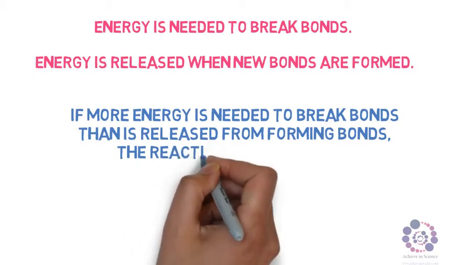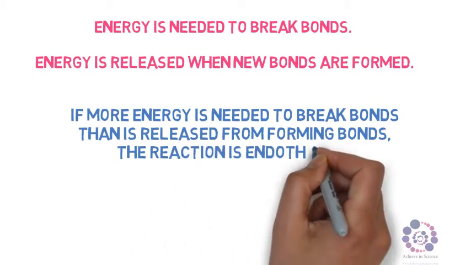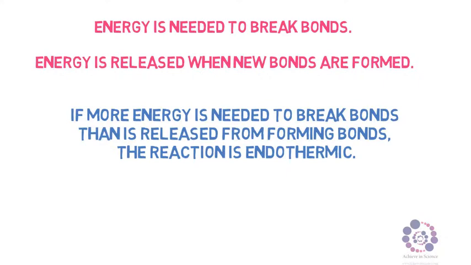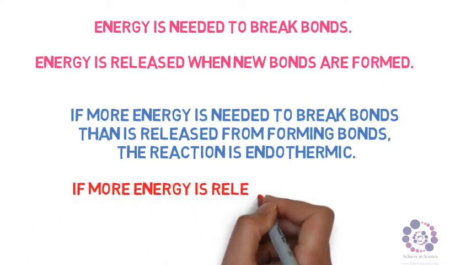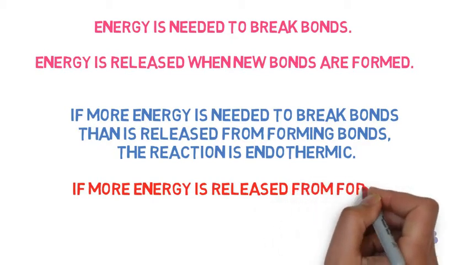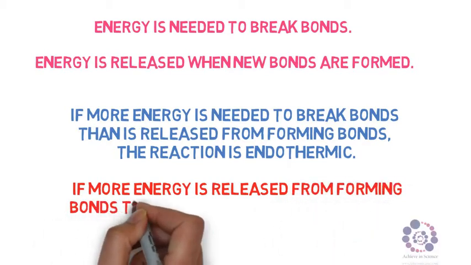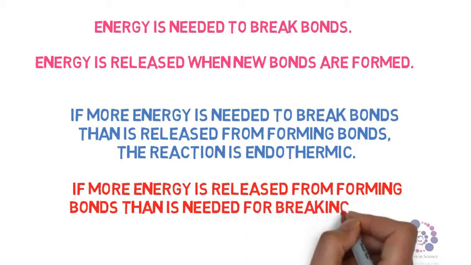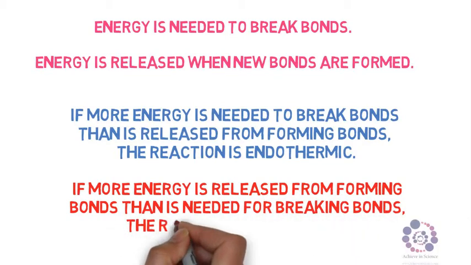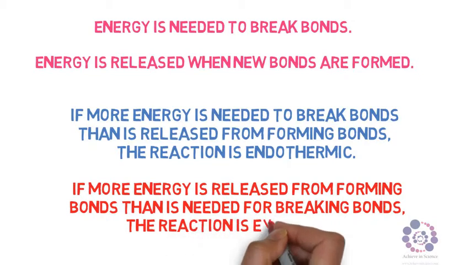If more energy is released, on the other hand, from forming bonds than is needed for breaking bonds, the reaction is said to be exothermic. It is giving out heat, remembering that exo means exit, leaving, whereas endo means taken in. So in an exothermic reaction, the surroundings will get hotter.